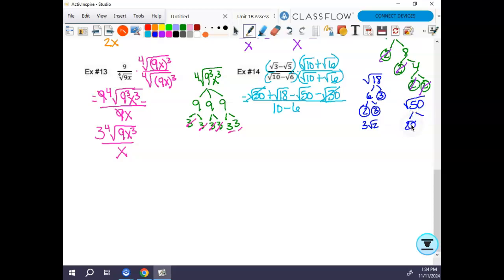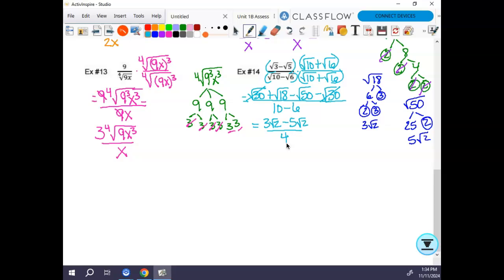Isn't this 25 times 2? What's the square root of 25? 5, so 5 square roots of 2. So that means what I have here is the square root of 18 was 3 square root of 2 minus the square root of 50, which is 5 square roots of 2, over 4.